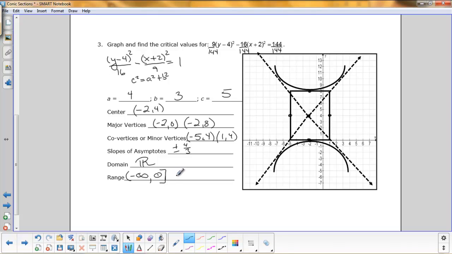Picking up again at the other side, 8, and continuing on to infinity. The foci are located here. No, let's try again. The first dot was correct. Here and here, 5 units away from your center.